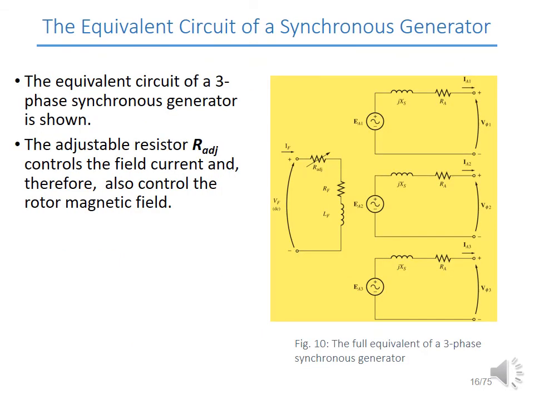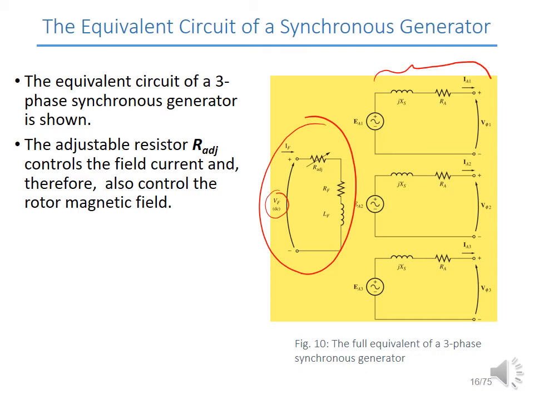So here is the equivalent circuit of a synchronous generator. The part on the right is the armature circuit, a three-phase armature circuit, while the part on the left is the field circuit. The field circuit is supplied by a DC voltage VF, and it has three components: the adjustable R, and then RF, and then LF.